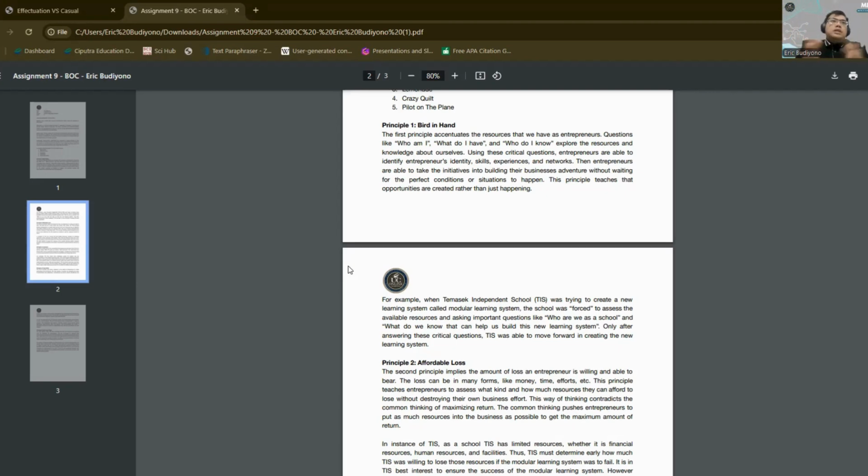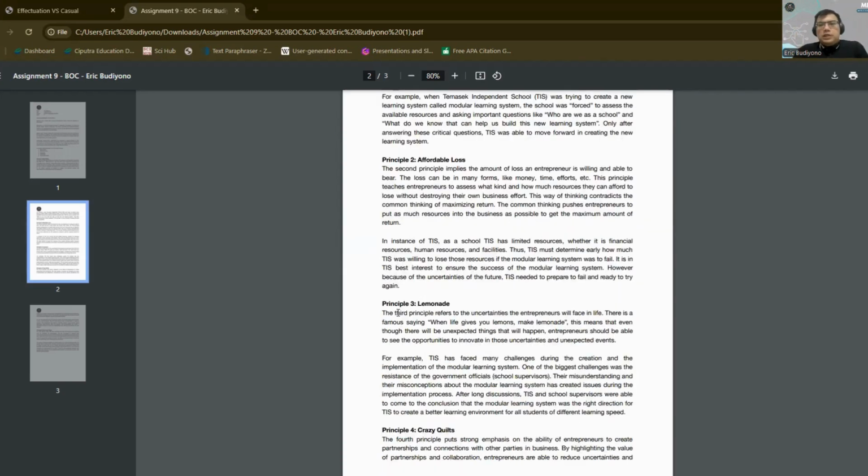Let's say a special pathway for students who want to go to medicine, or kedokteran, or engineering, or archaeology, journalism, law, lawyer, all that stuff. That's a very open possibility. But it starts from this modular learning system. This is the foundation of the opportunity in the future.